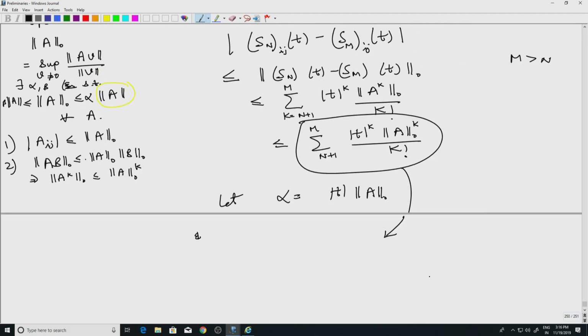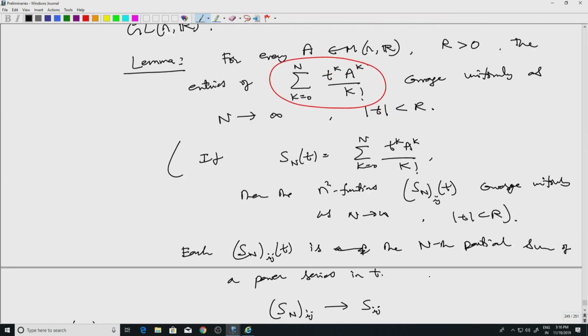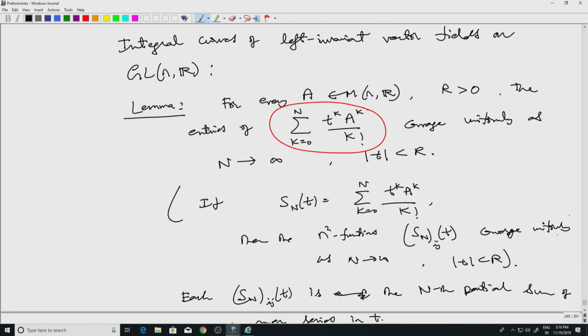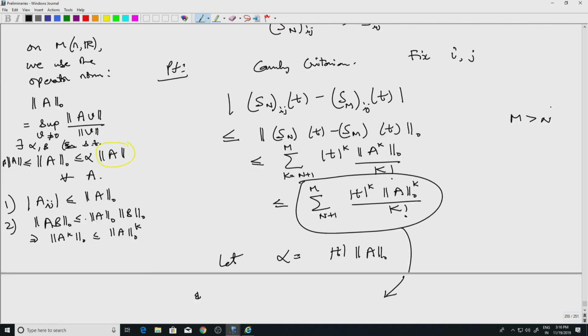I was in the process of proving that if I start with any matrix in M(n, R) and look at this power series in t, the n squared entries of this matrix will, I claim, converge uniformly.